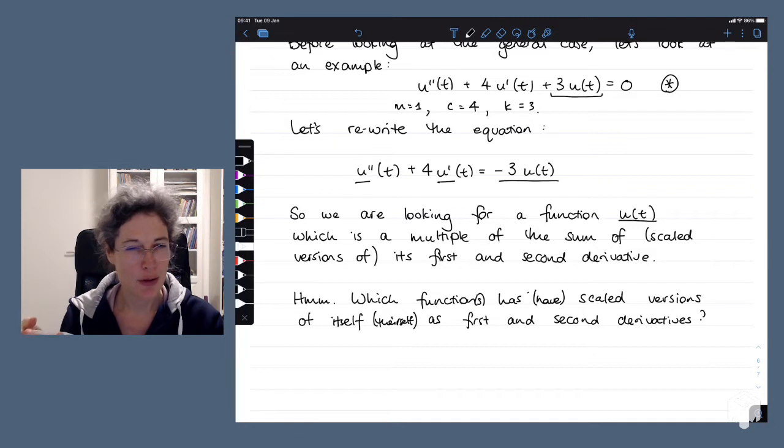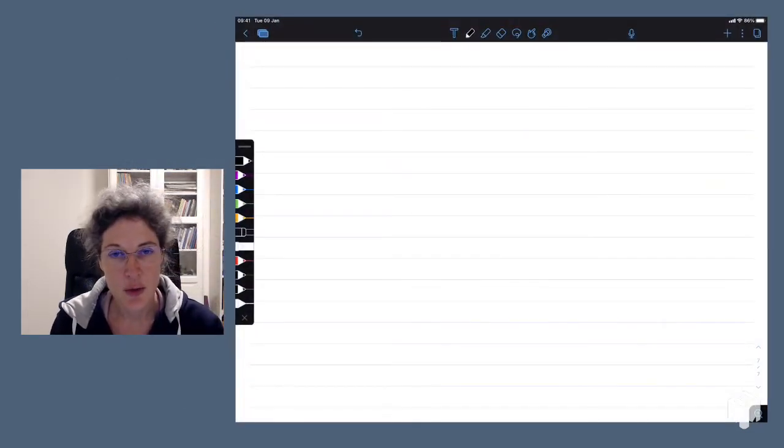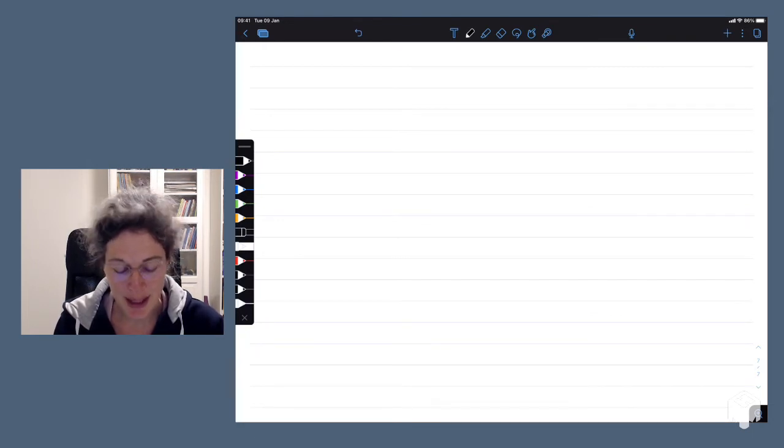Do we know any functions whose derivative looks almost exactly like it, barring a factor? Why, yes, we do. So we know that the function e to the some constant times t, when differentiated however many times we like, is always going to give us some factor times e to the some constant times t. So this is a good one to guess.